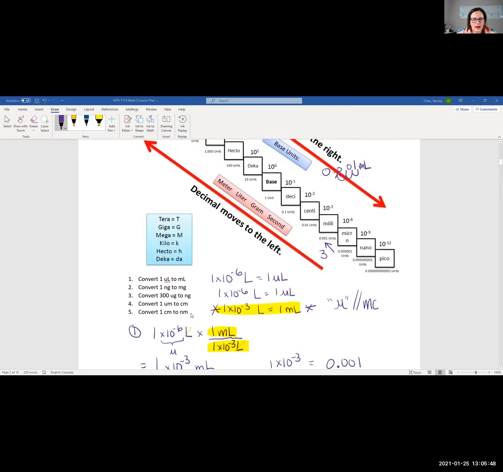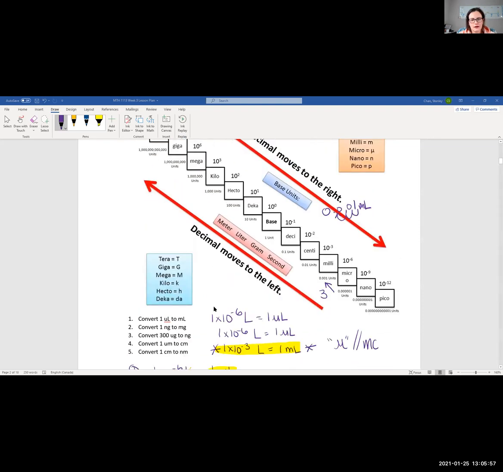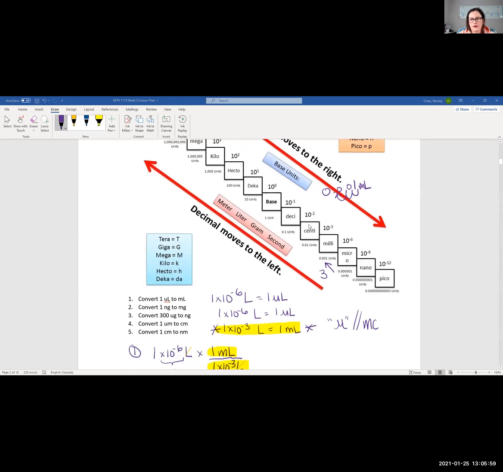All right, and last but not least, we have one more. We're going to convert 1 centimeter to a nanometer. So we're going from times 10 to the negative 2 all the way to 10 to the negative 9. So how many places will we move our decimal?